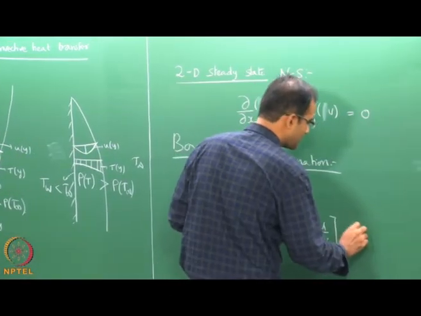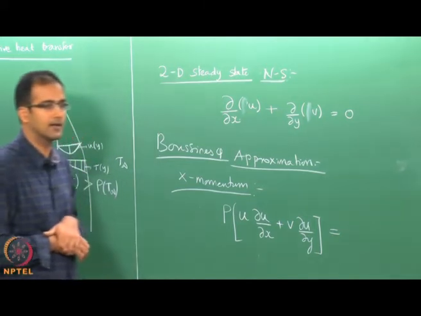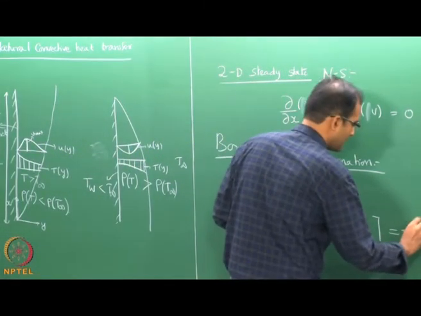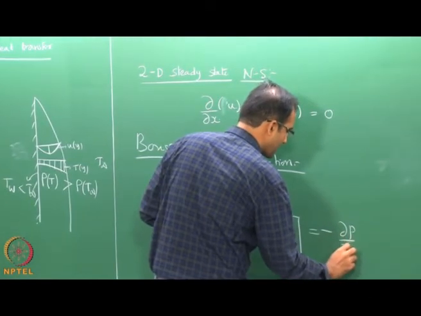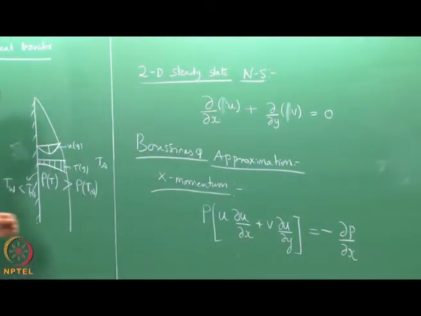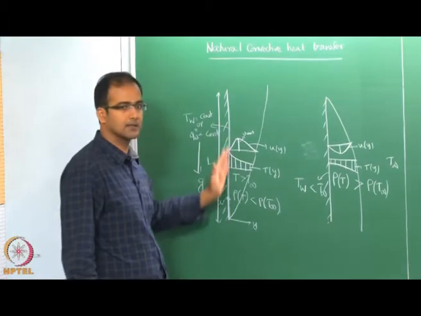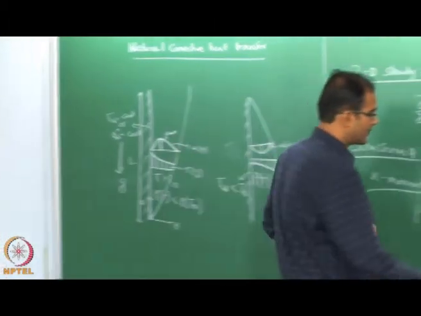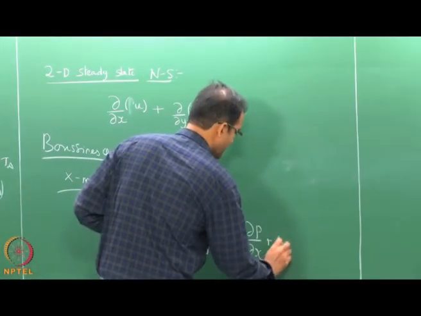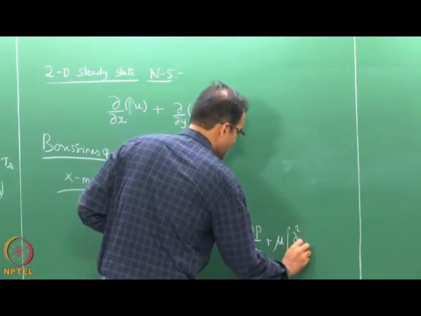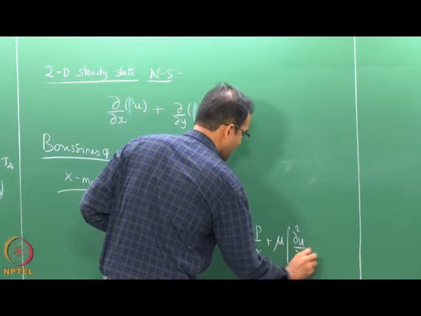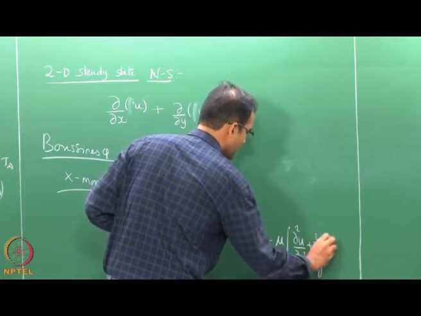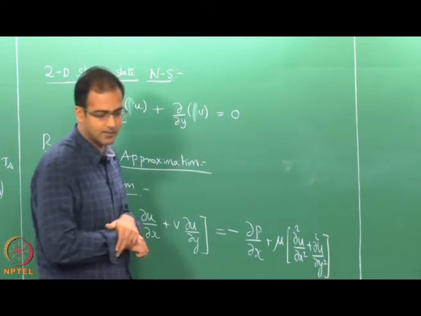So, this is equal to, what are all the terms on the right hand side? Minus of dp by dx. Now this is the momentum in the direction of the plate, that is in the vertical direction. So, you have minus dp by dx plus mu into d square u by dx square plus d square u by dy square, and then what else?